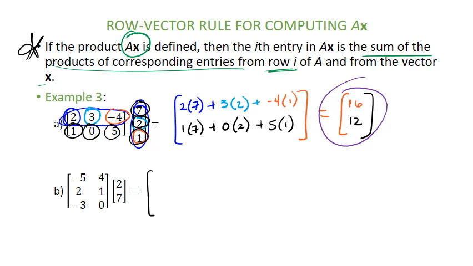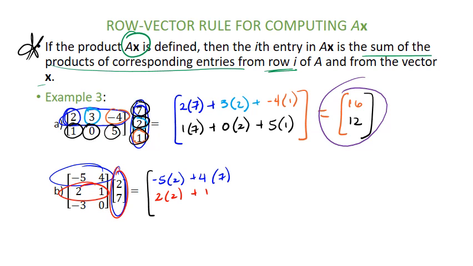So we're going to take this first row, multiply it by everything in this column. So negative 5 times 2 plus 4 times 7. Then we're going to take the next row, multiply it by everything in this column: 2 times 2 plus 1 times 7. And then finally, the last row, same column: negative 3 times 2 plus 0 times 7.